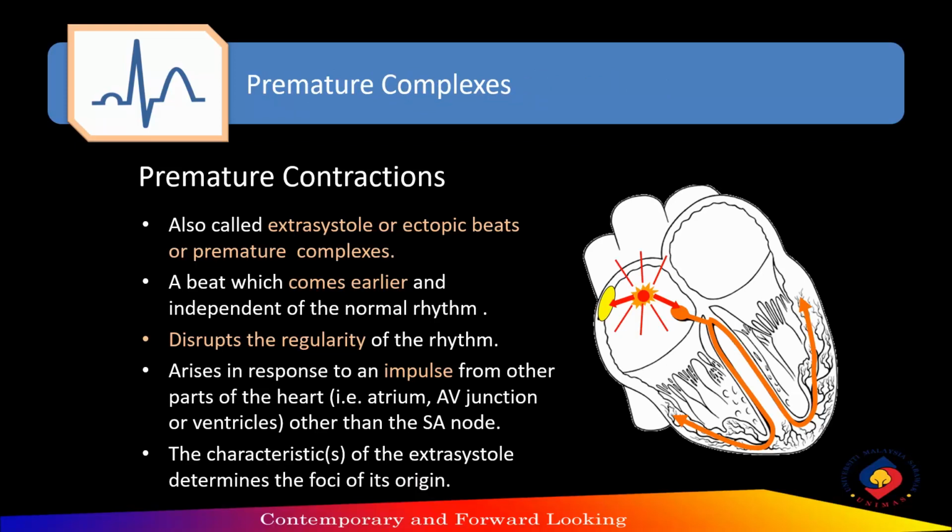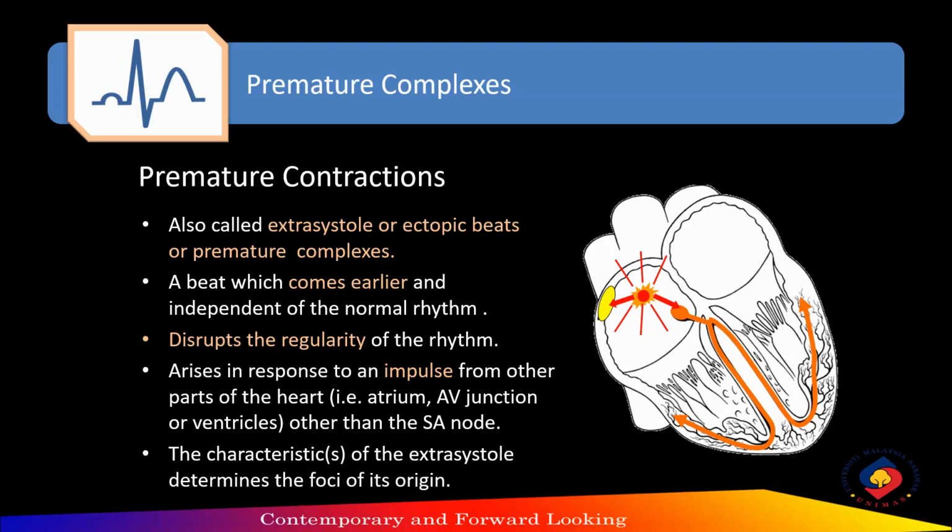Foremost, let's take a look at what premature beats are. Premature contractions are also known as extrasystoles or ectopic beats, or sometimes called ectopic complexes. Groups of pacemaker cells throughout the conducting system are capable of spontaneous depolarization.